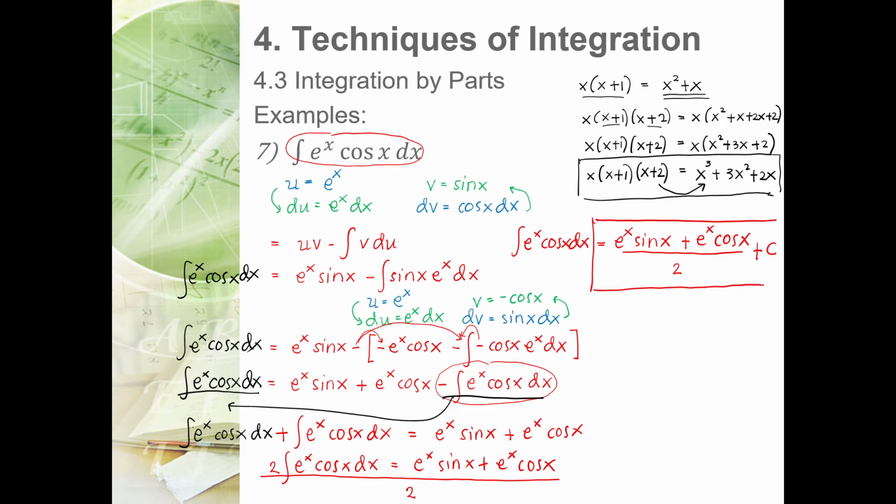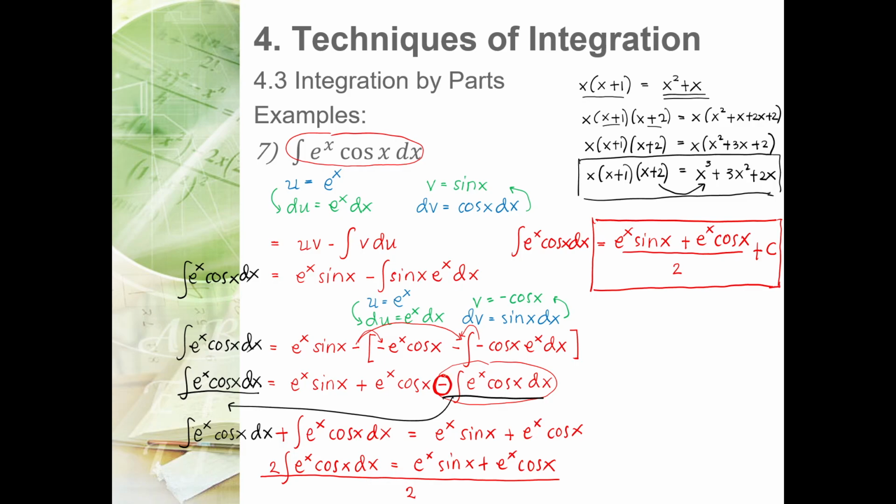So that's how you do it when the integral equation is going back to the original equation. You just have to group them together on the left side. Take note that your operation must be negative so that when you transpose it to the left side, it becomes a positive value.